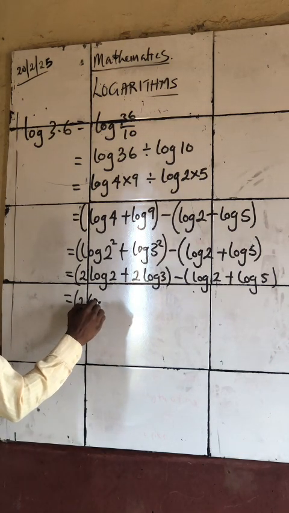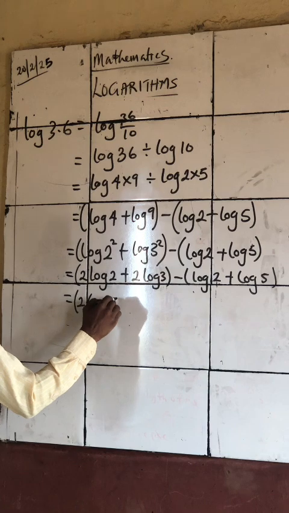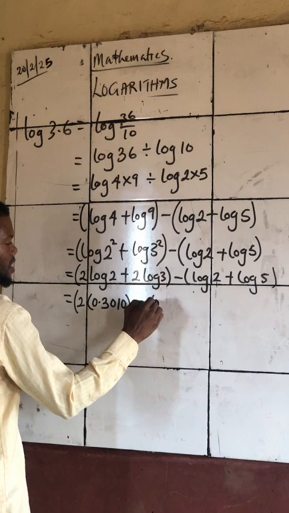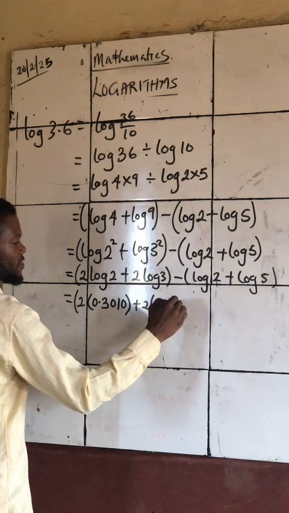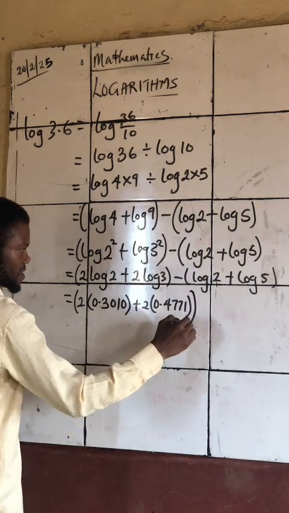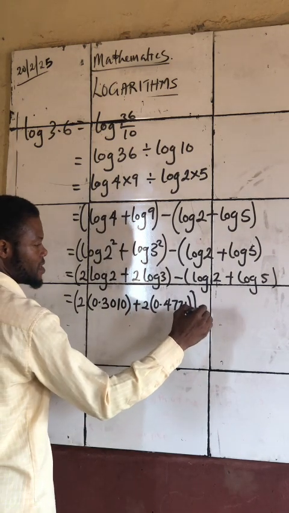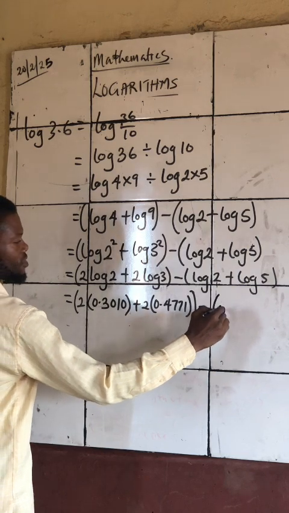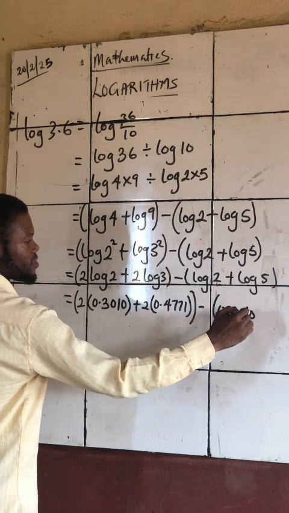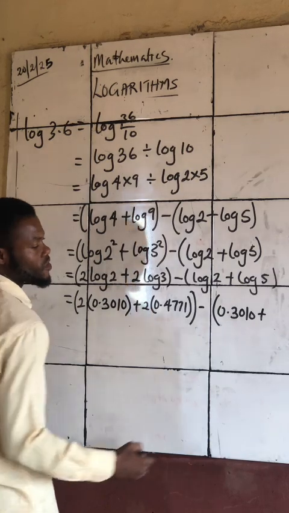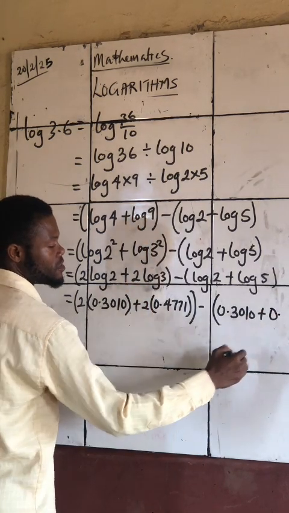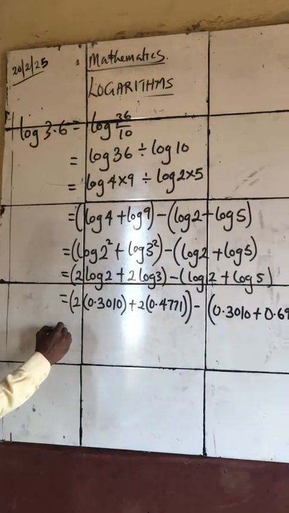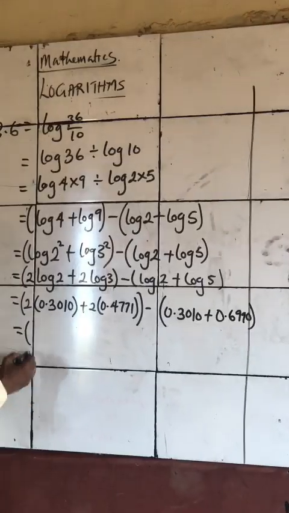That is 0.3010, then plus 2, what is log 3? 0.4771. Then put brackets, minus, what is log 2? That is 0.3010 plus, what is log 5? 0.6990.